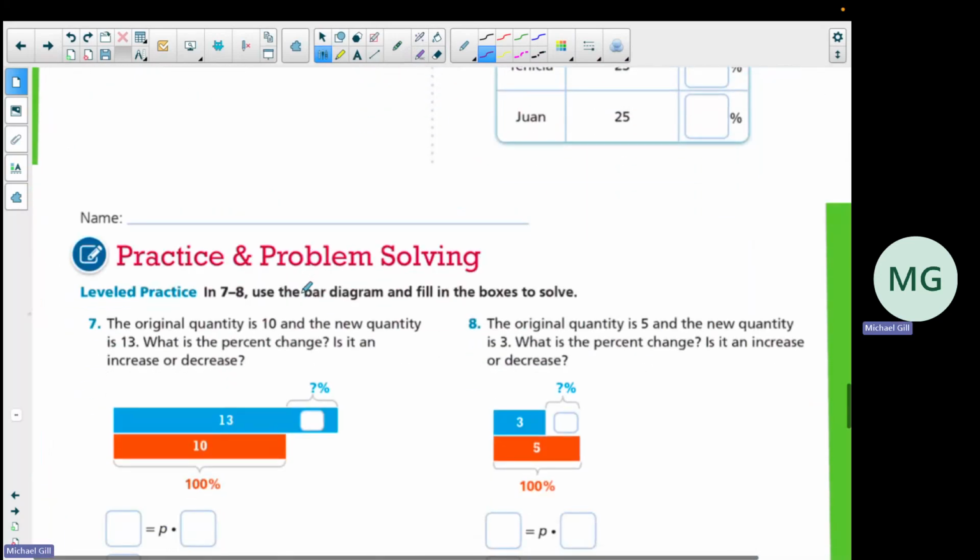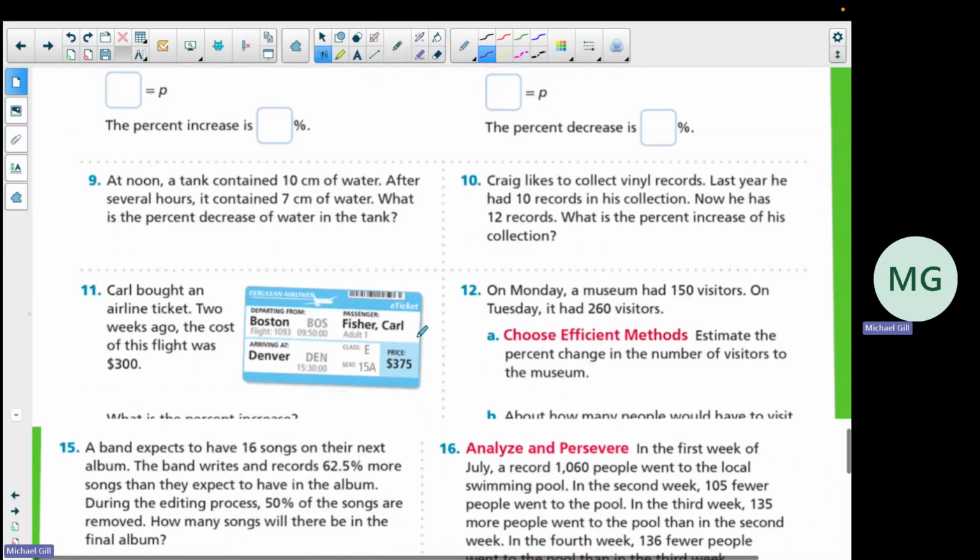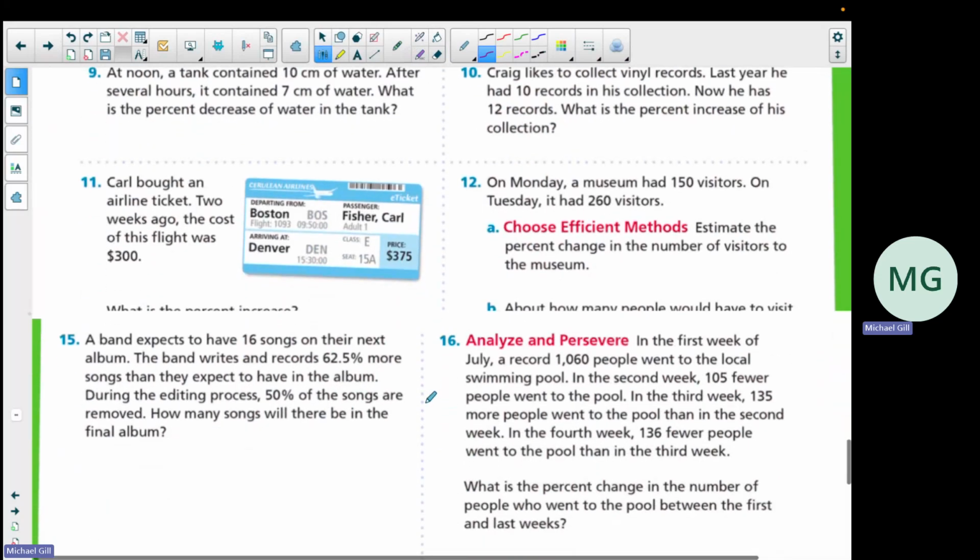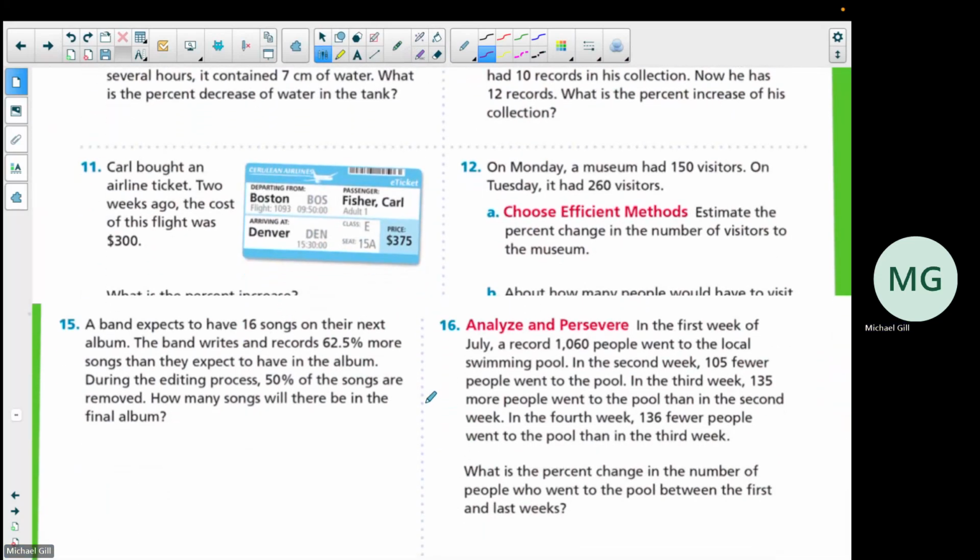All right, so let's go to one where I'll show you exactly what percent increase, where is a percent error? Most of them are percent change in the book.